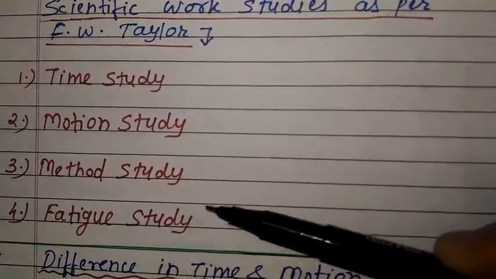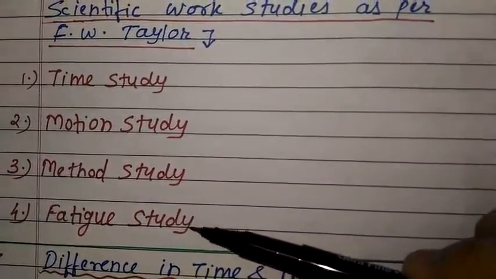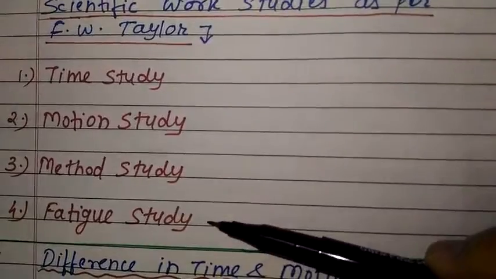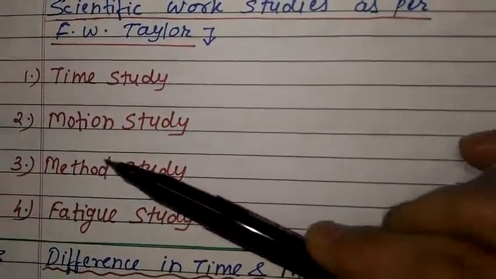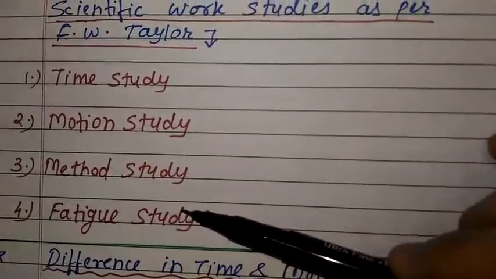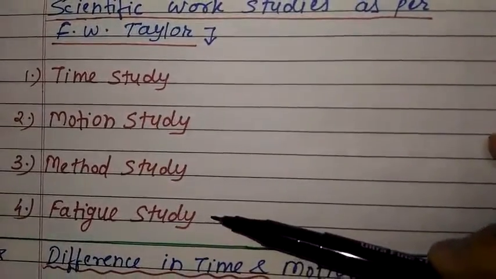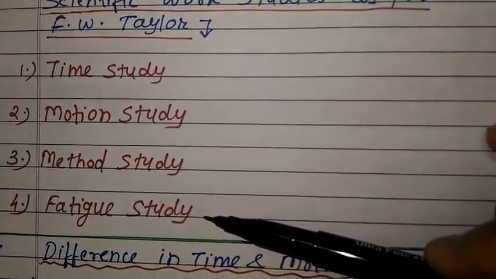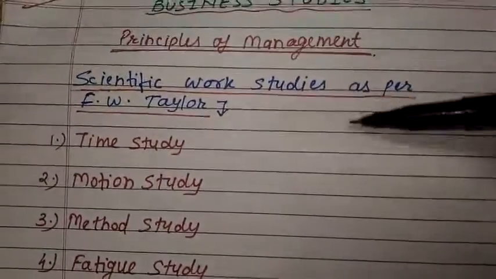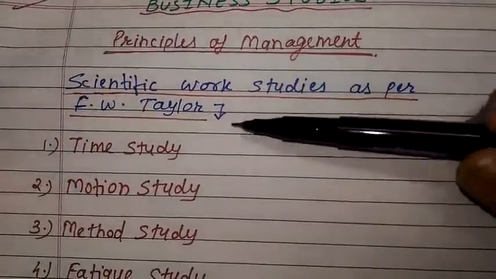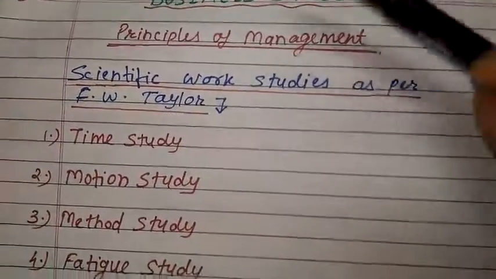So he should be given appropriate intervals or appropriate rest time during his work. This is the fatigue study, and it is the study about the capacity or efficiency of the worker. These are the four types of scientific work study as per Frederick Winslow Taylor.